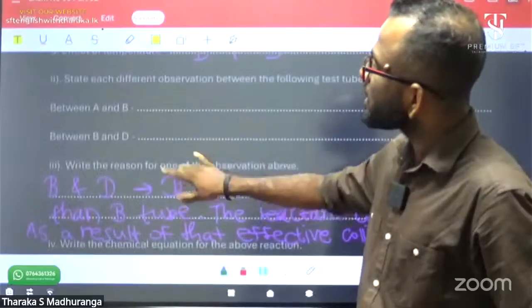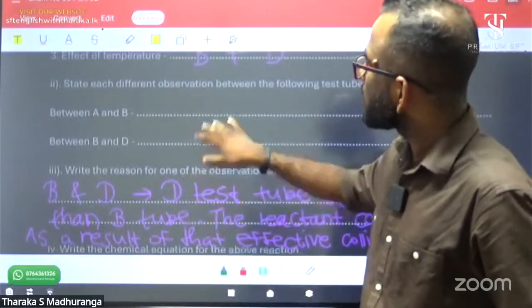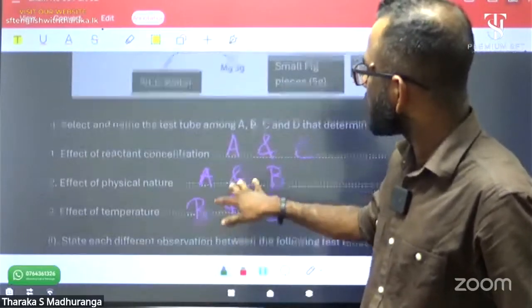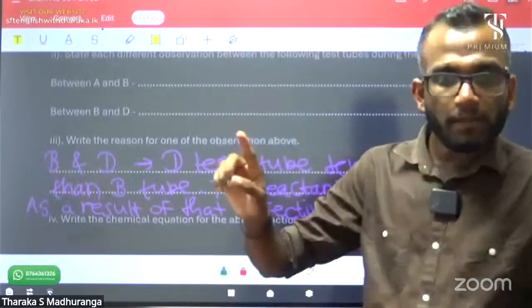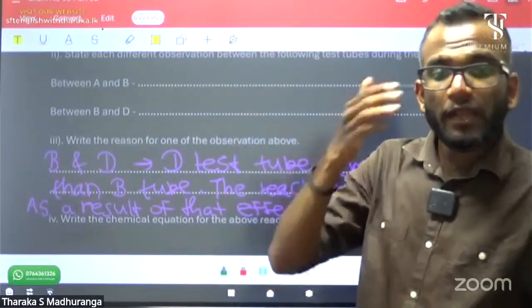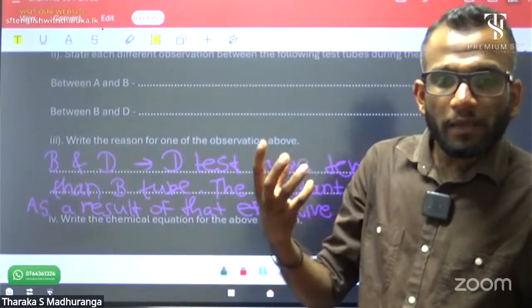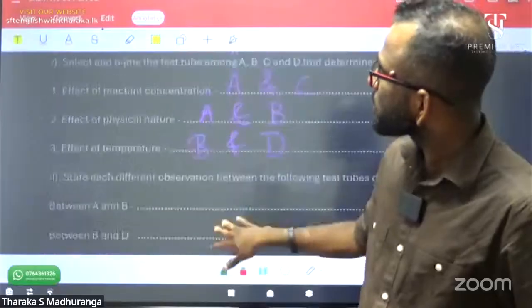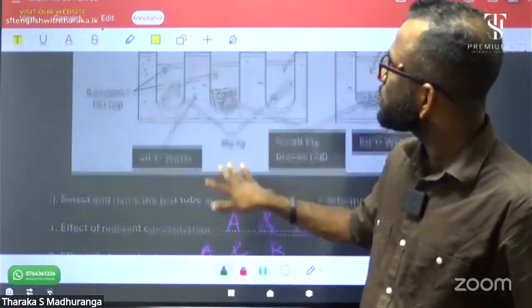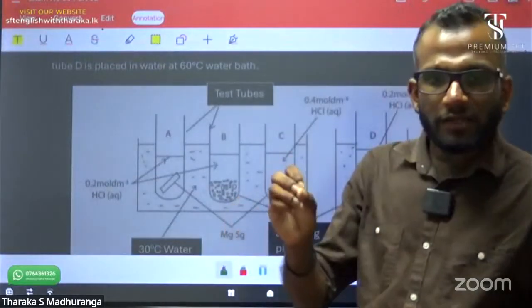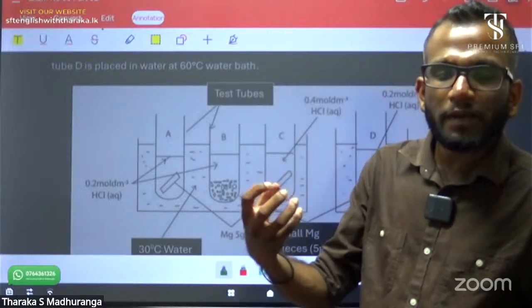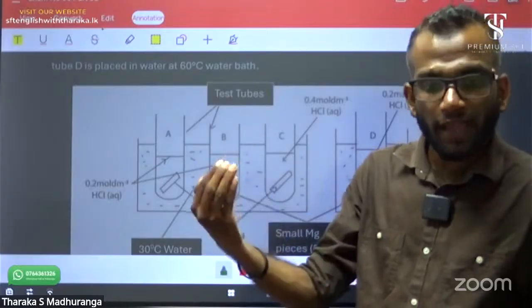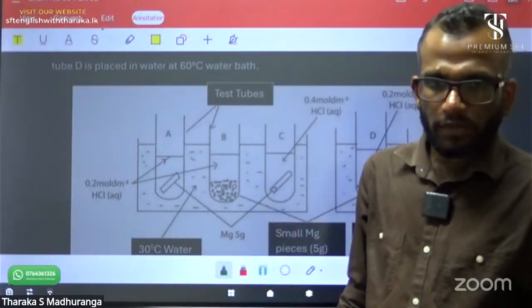If you select A and B, meaning physical state of nature, you only need to select one here. If we select A and B, B test tube, no? Yeah, B test tube, magnesium molecules, the contact surface area is greater than A test tube, right?